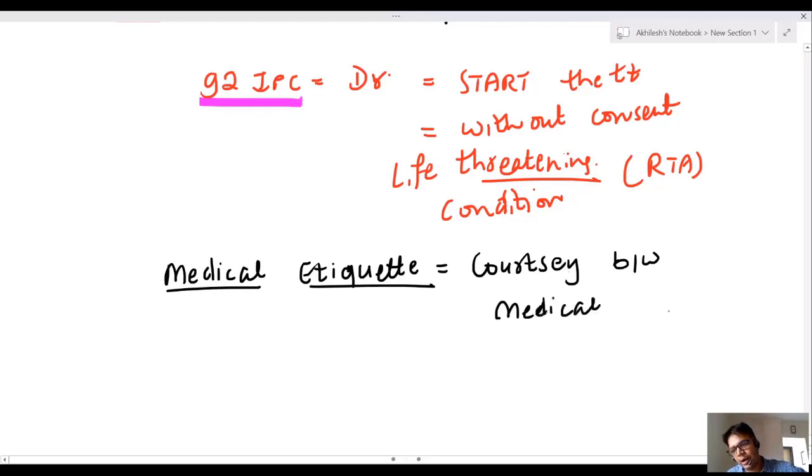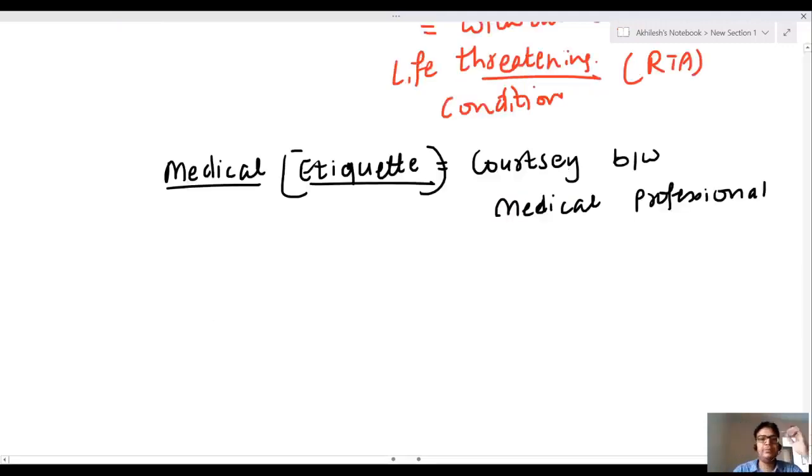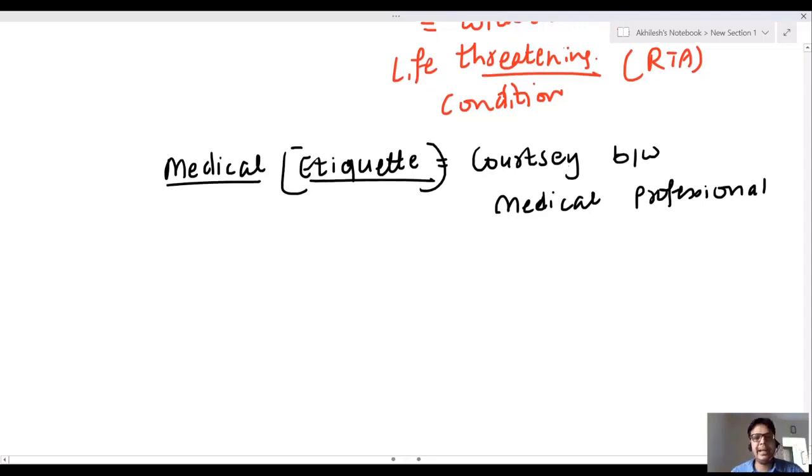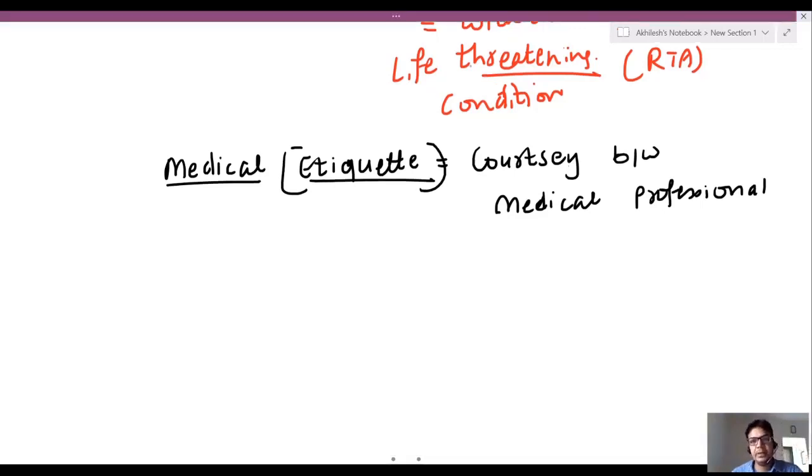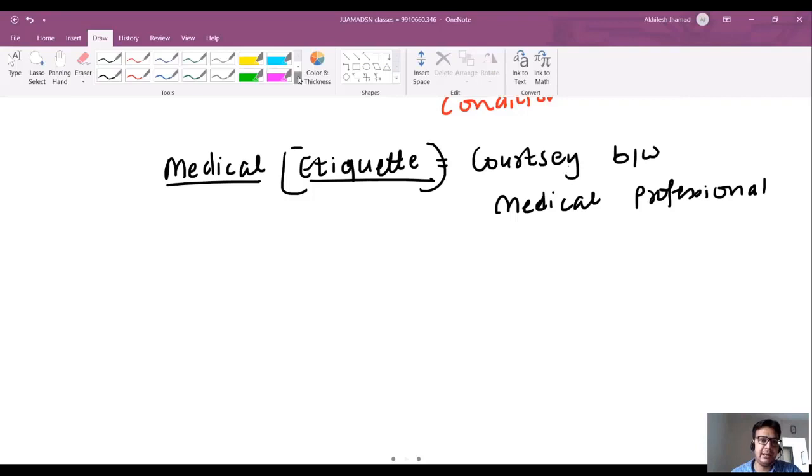Sir, all of you doctors in India should help each other. Even if you become a very big doctor, you should have a helping hand for every other medical fraternity. That is etiquette. It is not that when you become a big doctor you forget the smaller ones. This is known as medical etiquettes.